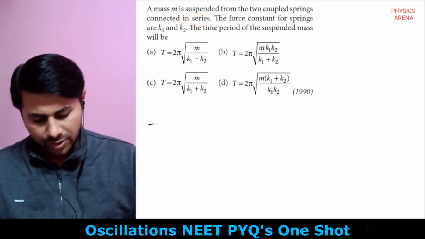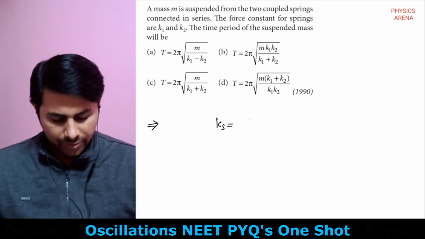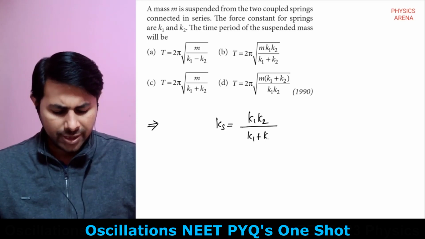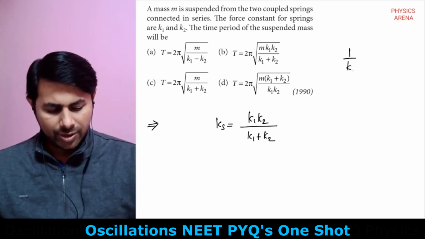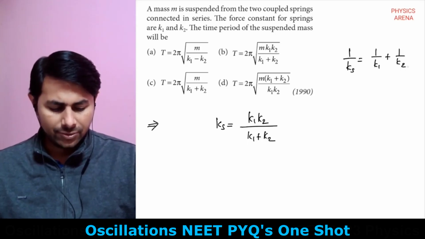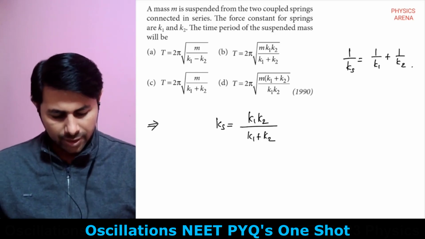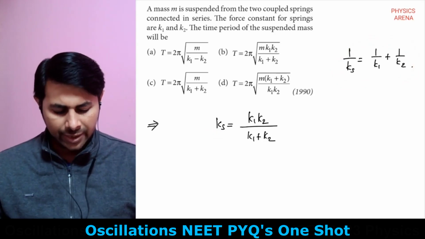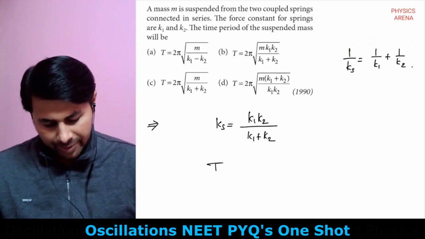So in series combination, find out Ks, it is equal to K1 K2 upon K1 plus K2, if there are only two springs, using this formula 1 upon Ks is equal to 1 upon K1 plus 1 upon K2. And the time period will be equal to what?